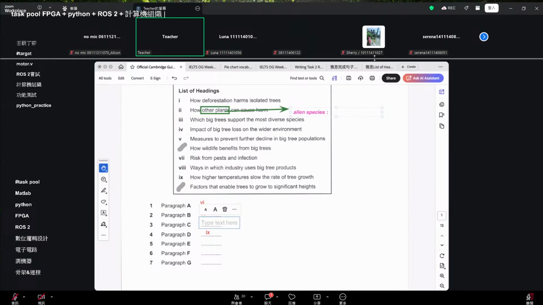Species like the gamba. And wow, what's the name of that? Lantana. Okay, good. Cause harm. So that literally explained our answers down here. 2.